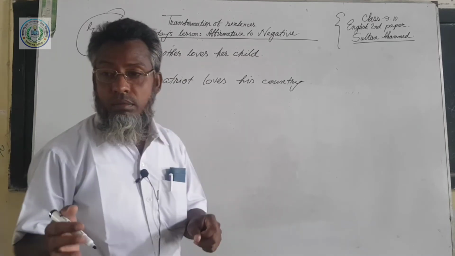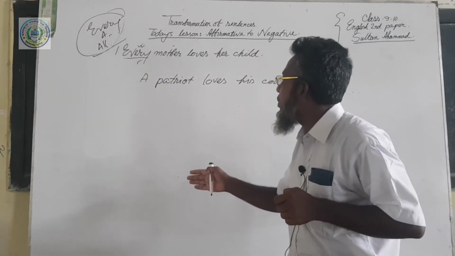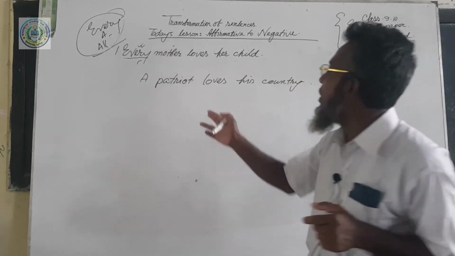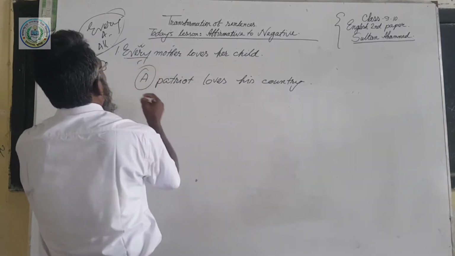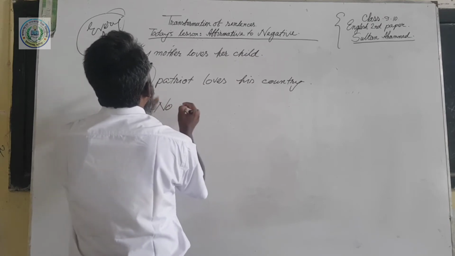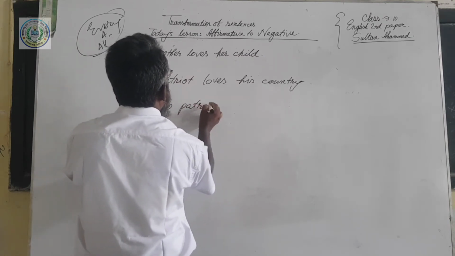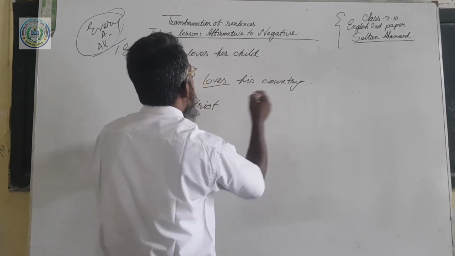My last technique was no mother hates her child. So you will change it here: no patriot. Instead of a, I will give you no, then patriot; loves, the antonym is hate.